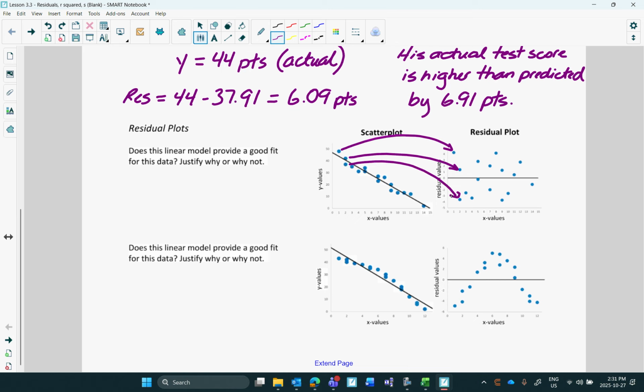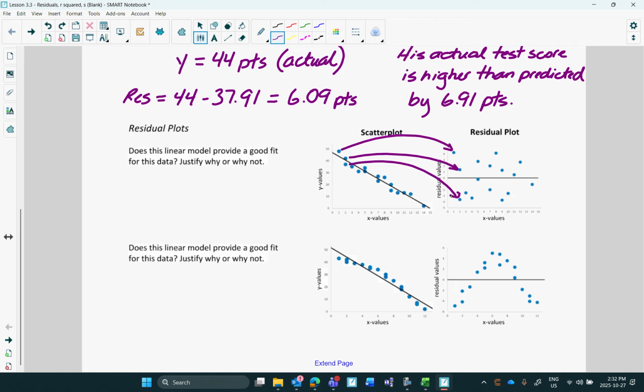That one goes there. So I'm taking from a scatter plot, I'm making a residual plot. The reason why I'm doing that is because I want to see, can I actually use a line in this question?